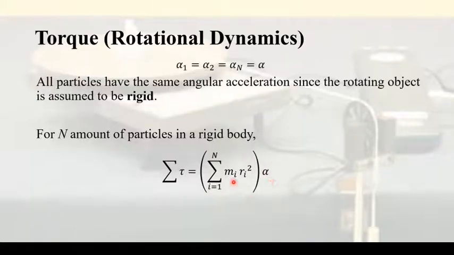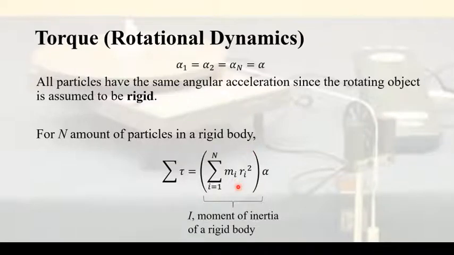The only things that will change are m and r, so you're going to calculate them one by one, and then add up the torque from every single particle, and it will become your total torque in a rigid body. Total torque in a rigid body is equal to the summation of mr squared times alpha.